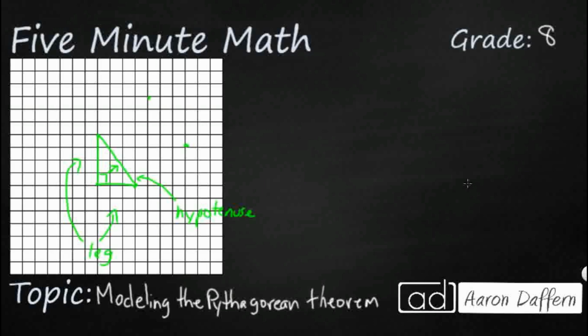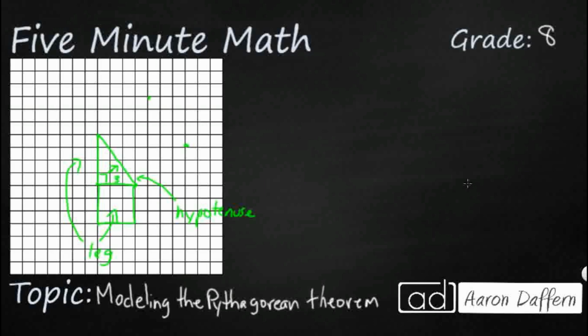Now, let's see what happens if I were to extend these sides into squares. What does that mean? Well, this bottom side right here, you can see it's got 3 squares across. So I'm just going to turn it into an actual square. It's got a unit length of 3, so I'm going to make a 3 by 3 square.